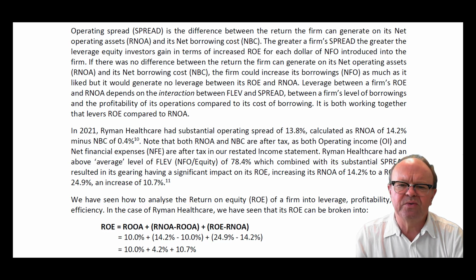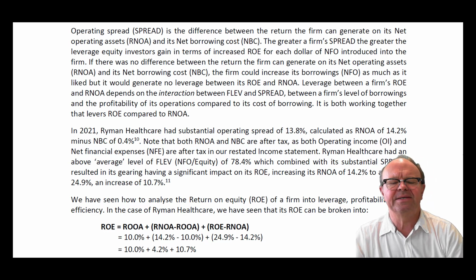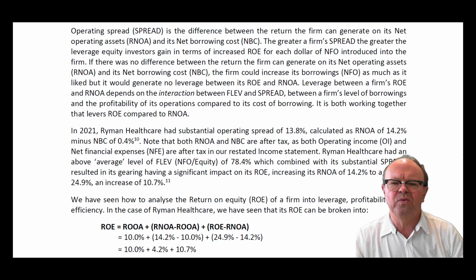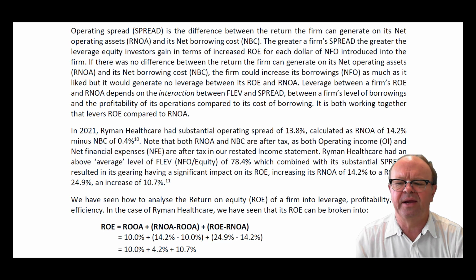If there was no difference between the return the firm can generate on its net operating assets, return on net operating assets, and its net borrowing cost, NBC, the firm could increase its borrowings, NFO, as much as it liked, but it would generate no leverage between its return on equity and return on net operating assets.